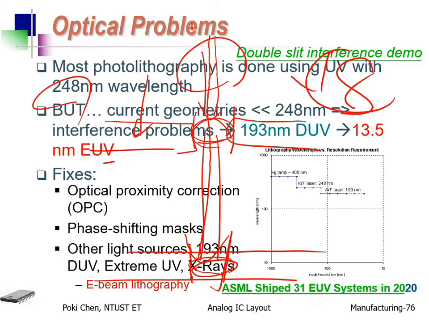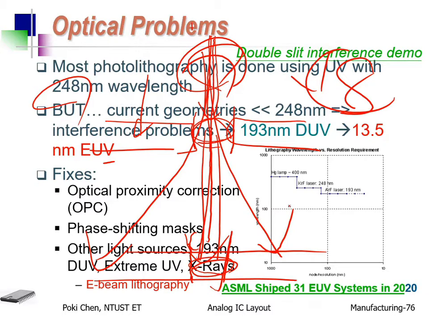Not so bad. However, if the slit becomes narrower, much smaller than your wavelength, then sorry for that. The waves don't go all the way down. They have diffraction. Okay? So what you see is never what you get after exposure.